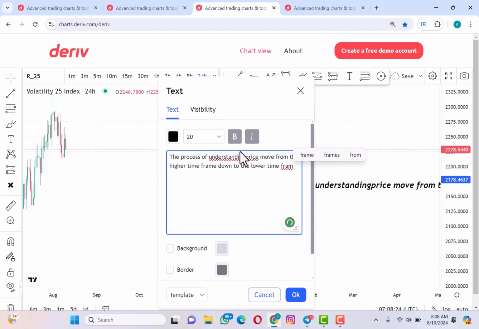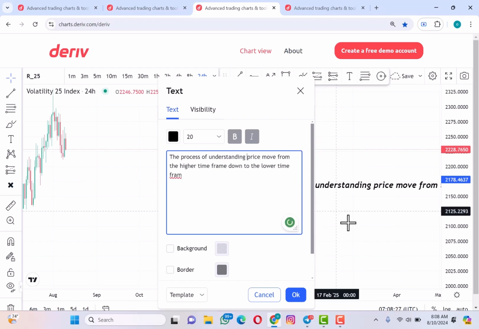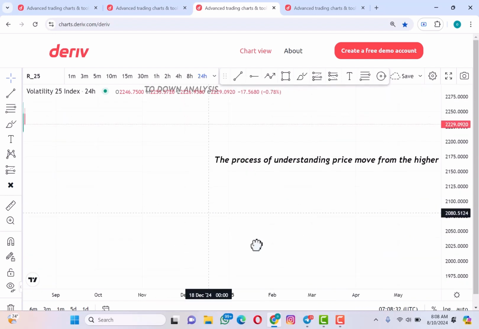As simple as that. That is just what it means.